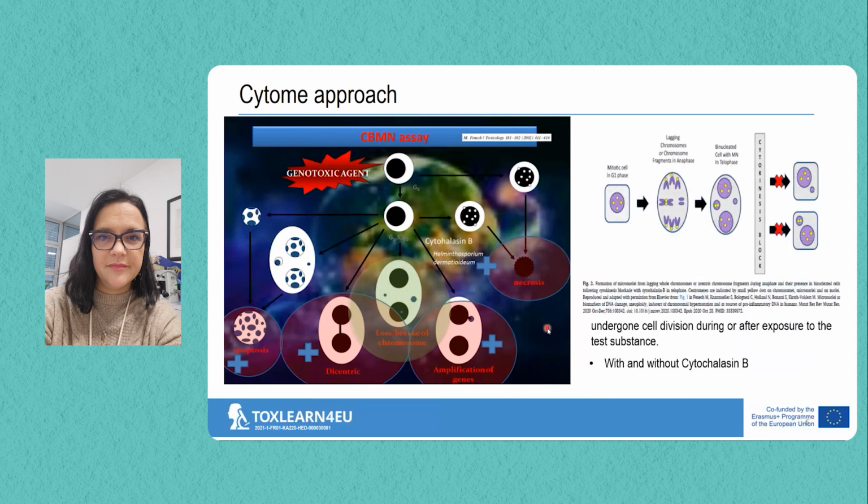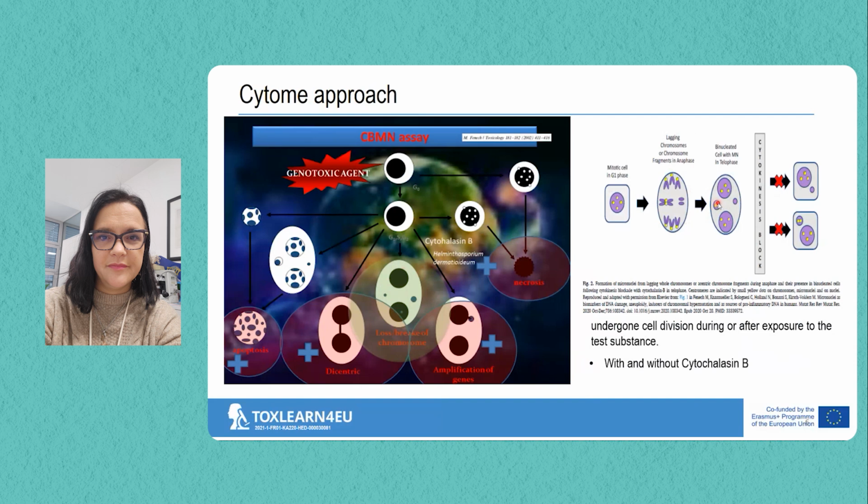If you are using specific fluorescent probes, you can also see if one or two micronuclei are actually made by the loss of the entire chromosome. If you are using centromere probes, for example in FISH, you will have two centromere signals.